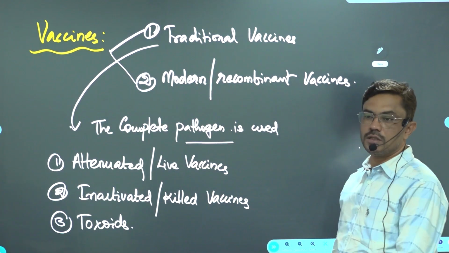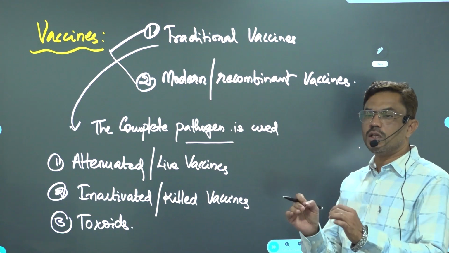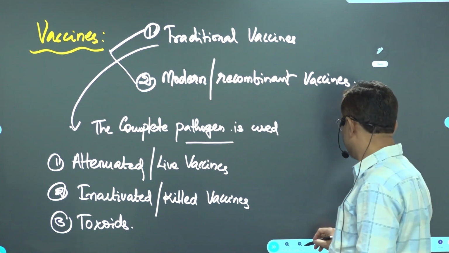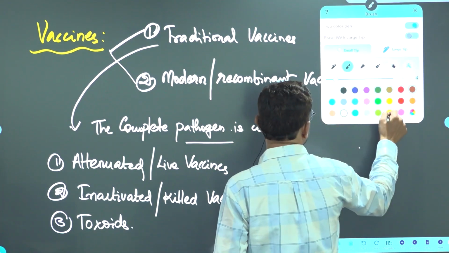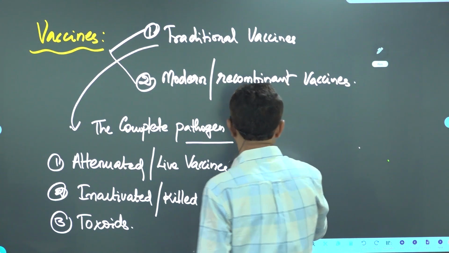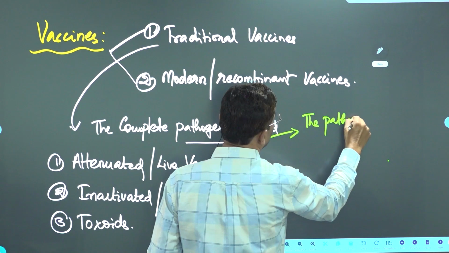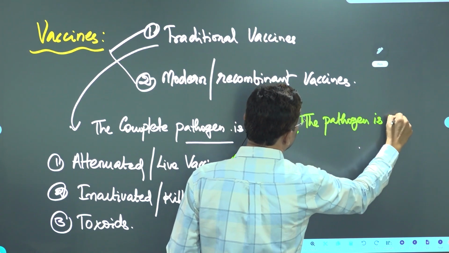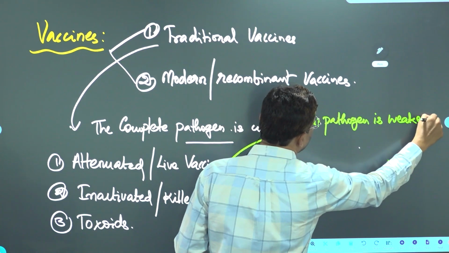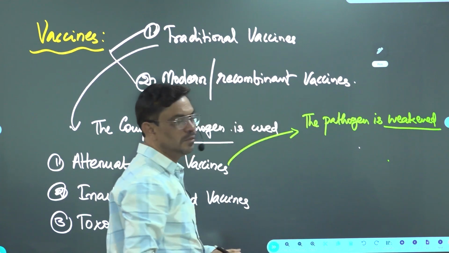These are different types of traditional vaccines. Attenuated or live vaccines mean the pathogen is weakened. It is not completely killed.